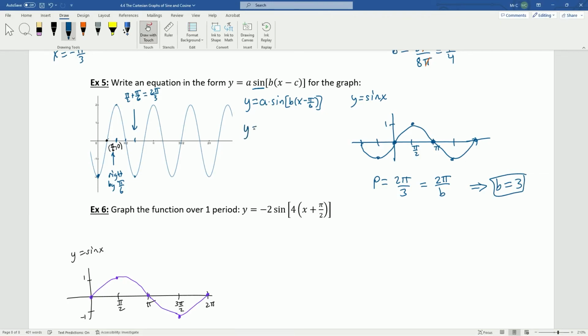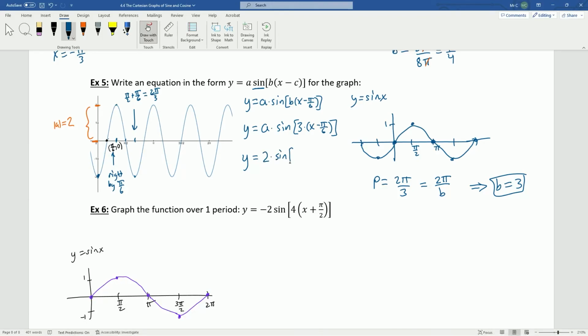So now I've got y equals a times sine of 3 times x minus pi over 6. And finally, I need to know what a is. The amplitude is just the distance from the center of the graph to the top or the bottom, which is 2. Now, how do I know that a is positive in this case?